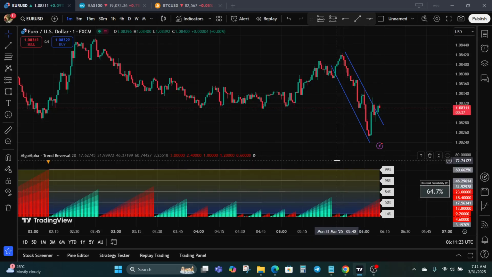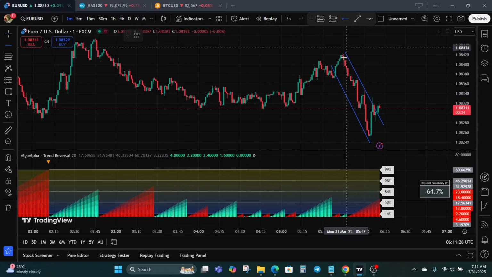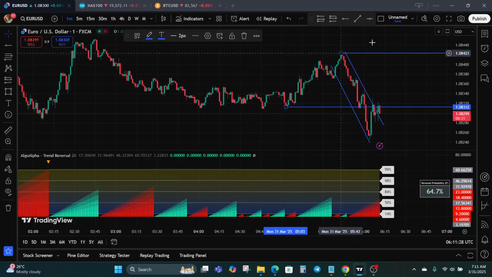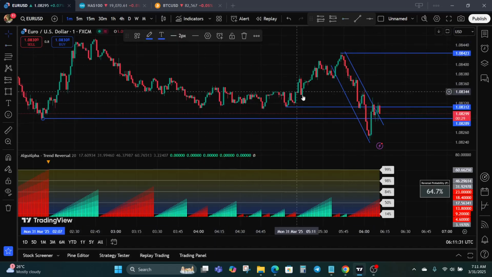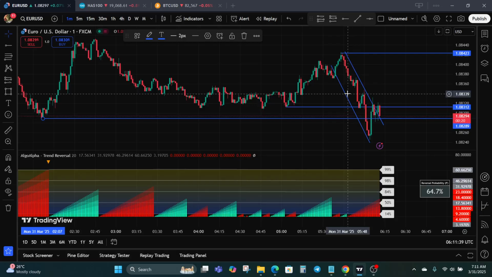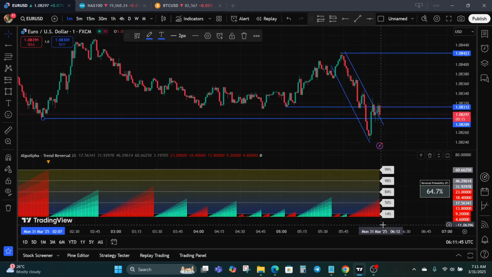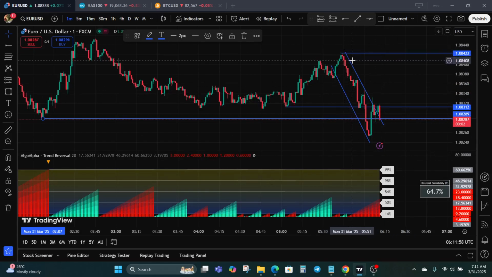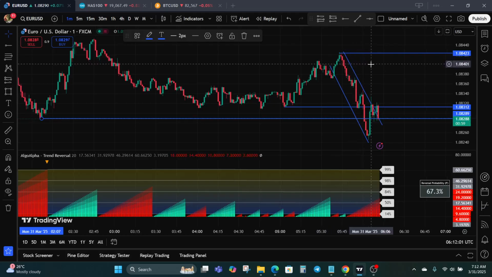Incorporating other technical analysis tools like support and resistance zones is very important. Tools like support and resistance levels, moving averages, and candlestick patterns can help confirm the signal. For example, if the indicator shows a high probability of a bearish reversal and price is nearing a key resistance zone, it could be a strong indication that a reversal is about to happen.